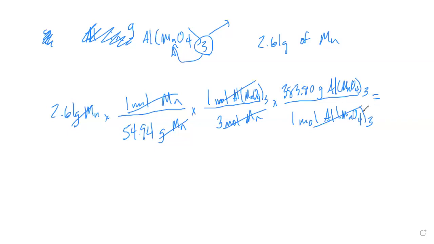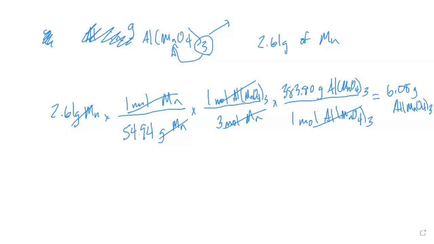And so if I do out the whole calculation here, 2.61 times 383.8 divided by 54.94 divided by 3, to 3 significant figures, it'd be 6.08 grams of aluminum permanganate. So this is kind of the traditional approach to this kind of problem.